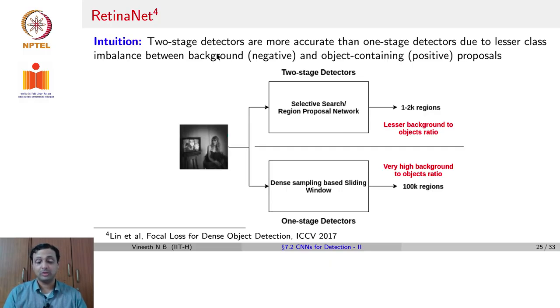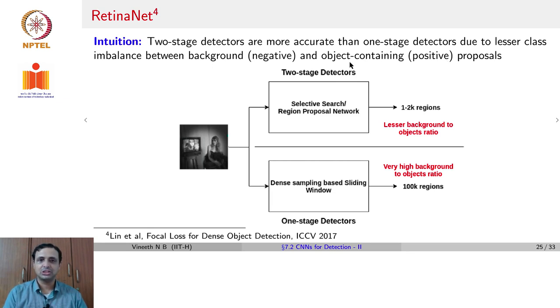One-stage detectors were obviously faster, and it's surmised that two-stage detectors are more accurate because there's lesser class imbalance between background or negative classes and object-containing or positive proposals.